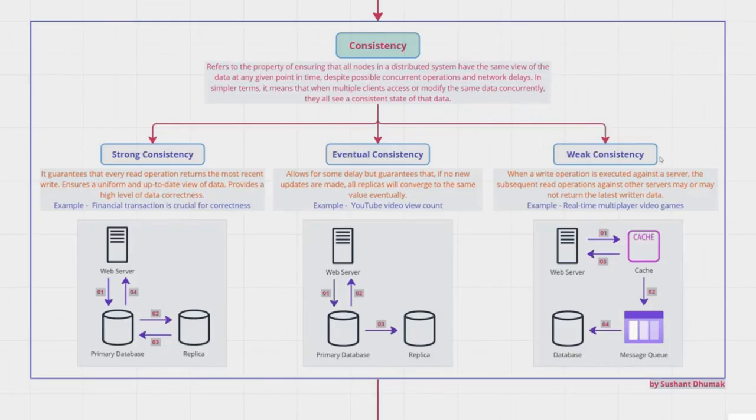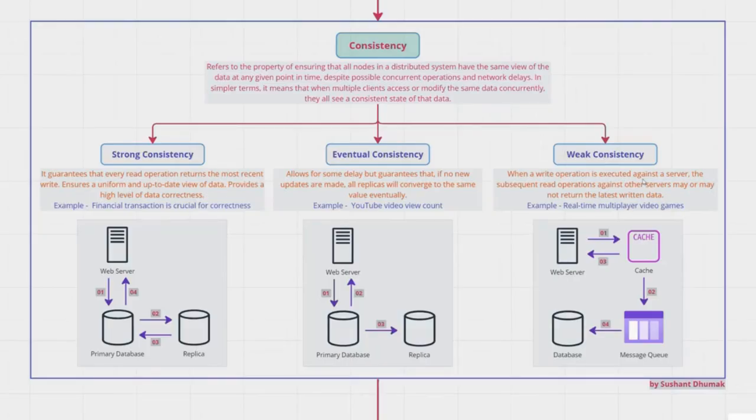But here we are just looking at it so that at least our idea is clear about what exactly it is and how we can understand it better. And maybe while we design a system, we should keep in mind what kind of consistency we require. Okay. The last type is weak consistency.